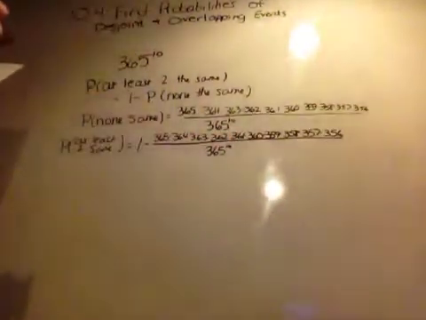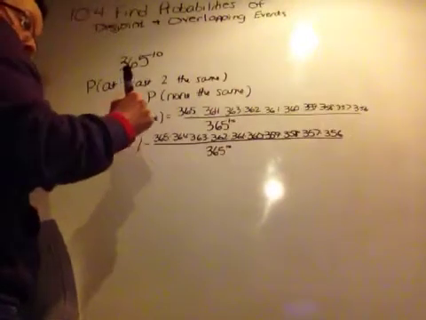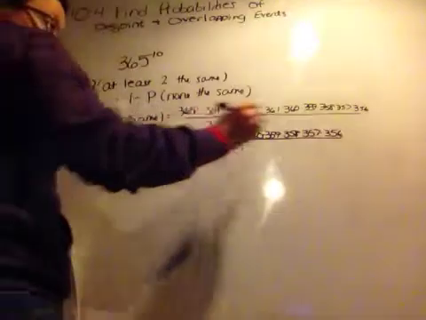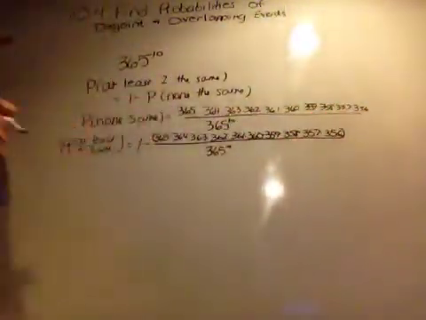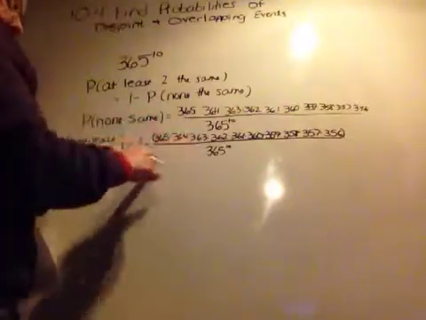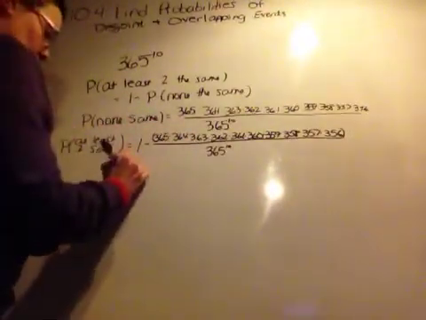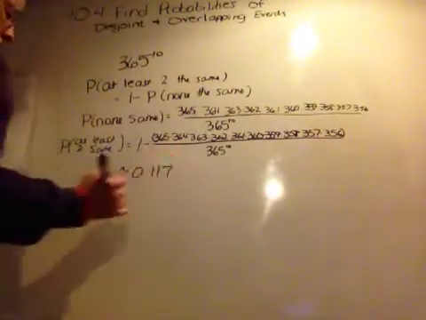And then you can go ahead and enter this on your calculator. You may want to just put this in here as extra on the calculator just to make sure you do this correctly. Or you could go ahead and calculate this and do 1 minus second answer. I got approximately 0.117 for my answer.